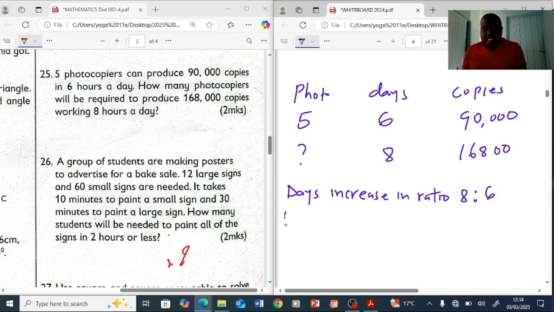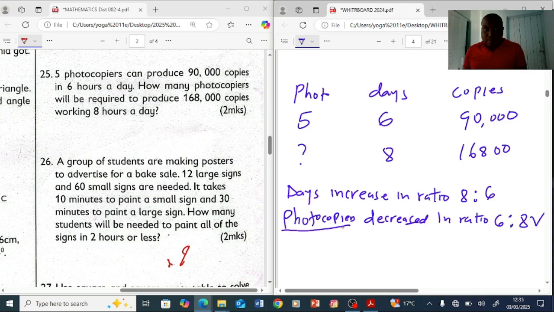If the hours are going to be more, then the photocopiers were less. So photocopiers decreased in ratio. So let's decrease in the same ratio. It will decrease in the ratio 6 to 8. And we may use the one that talks about photocopiers.